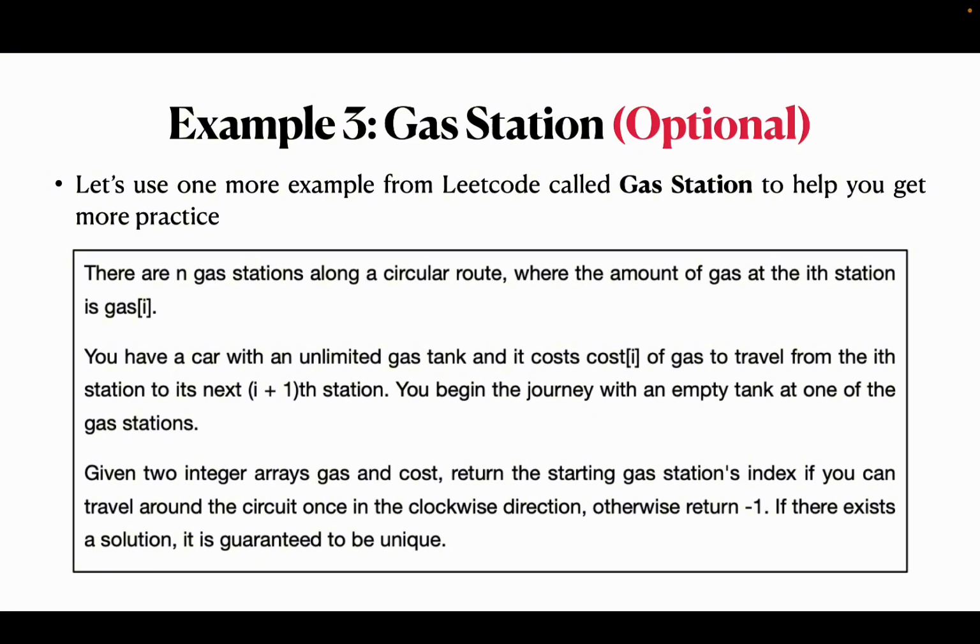You begin the journey with an empty tank at one of the gas stations. Given two integer arrays, gas and cost, return the starting gas station's index if you can travel around the circuit once in a clockwise direction. Otherwise, return -1. If there exists a solution, it is guaranteed to be unique.